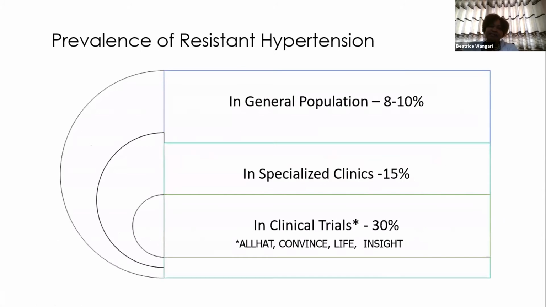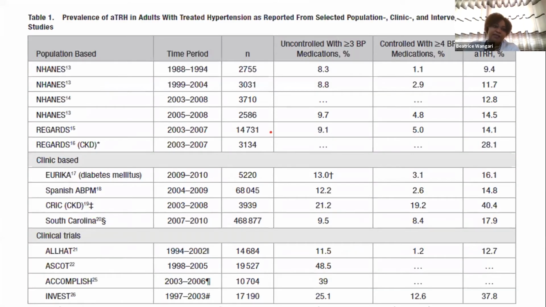Now, what has been shown is that the prevalence of resistant hypertension among treated patients with hypertension differs quite markedly depending on the population where the data has been generated from. What we see is that it is highest in clinical trials and much lower when we're talking about patients in the general population with hypertension. And this here is just a table.